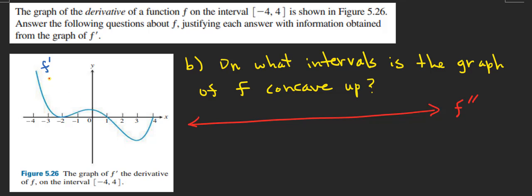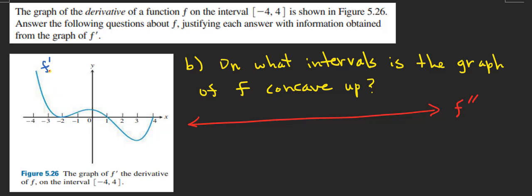Now remember, the derivative of f prime is f double prime. In other words, the slope of f prime is f double prime. So that means when f prime is decreasing, f double prime will be negative. And when f prime is increasing, f double prime will be positive.